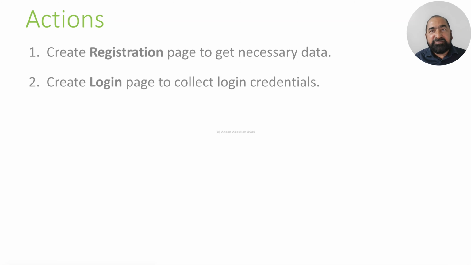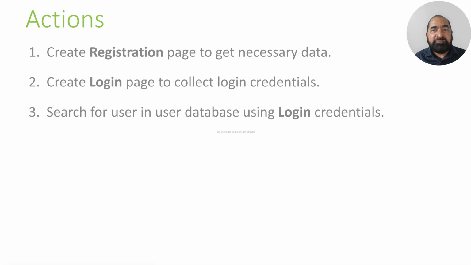Once you have the registration page, then you have to have a login page. Using that login page, you provide the credentials, which are matched against what you registered, and then you log into the system. Your credentials are used within the login page for authentication purposes.